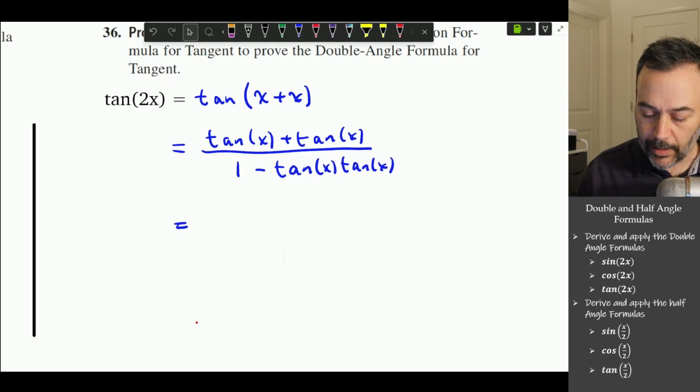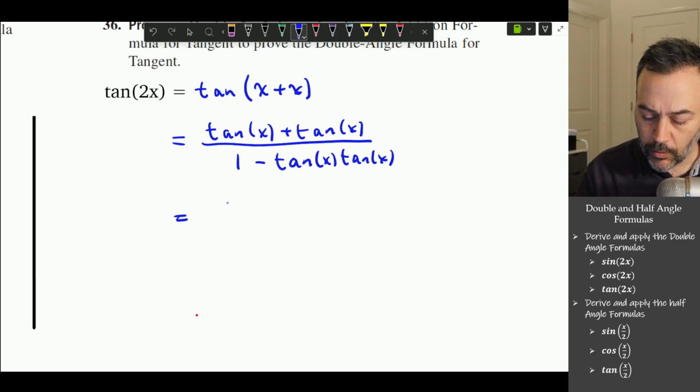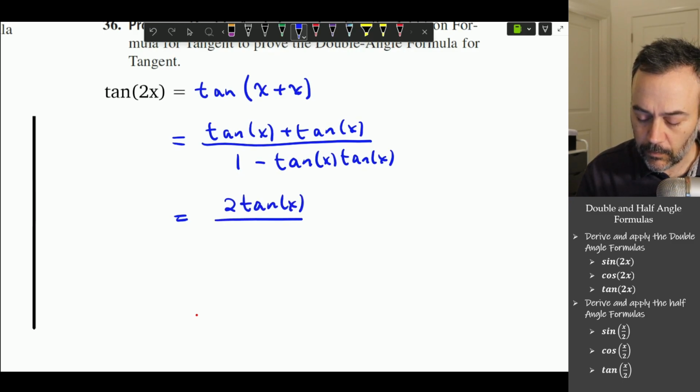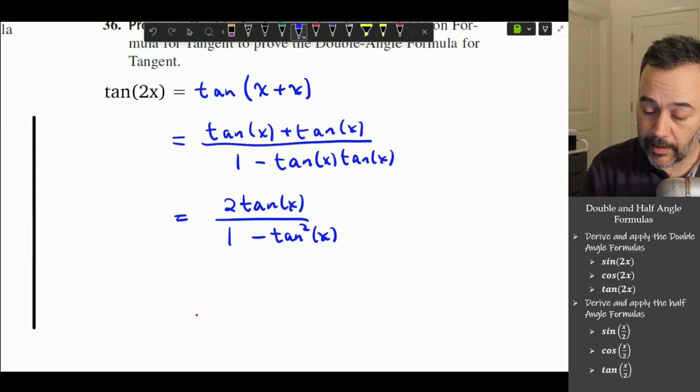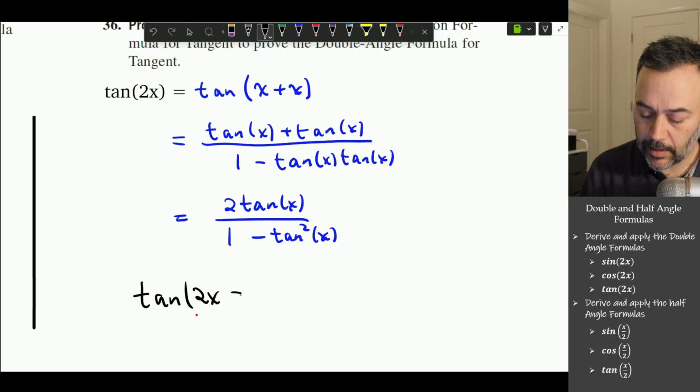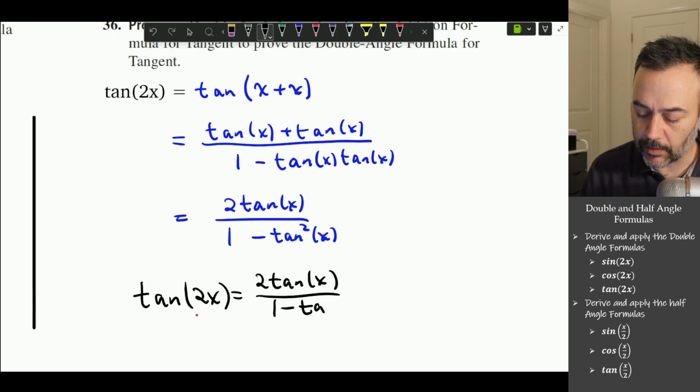Okay, and we get 2 tan x over 1 minus tan squared x. And that's it. That's the formula. So we end up with tangent 2x equals 2 tan x over 1 minus tan squared x.